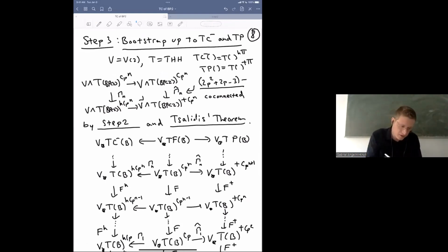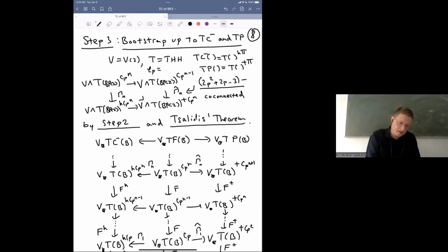I have a typo here, sorry, it should be n minus 1. So in the case n equals 1, this is just the mod p, v1, v2 homotopy of topological Hochschild homology of BP⟨2⟩ mapping to the C_p Tate construction. This is exactly the map we had before, which I called var phi_p. So this is just different notation.